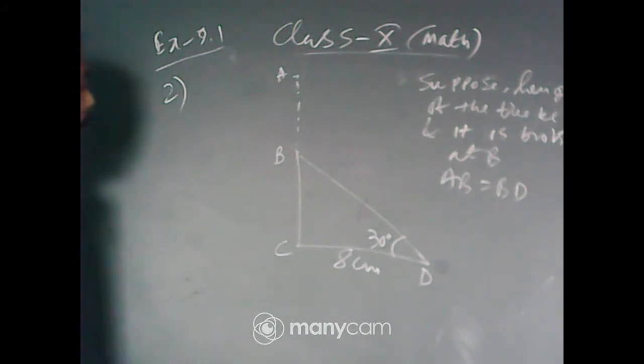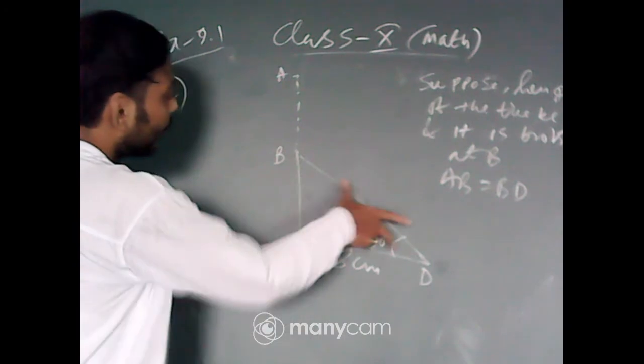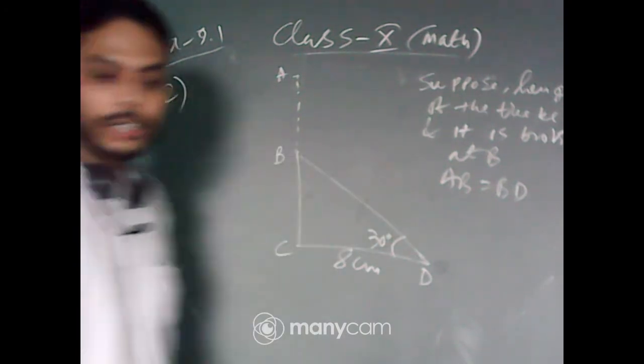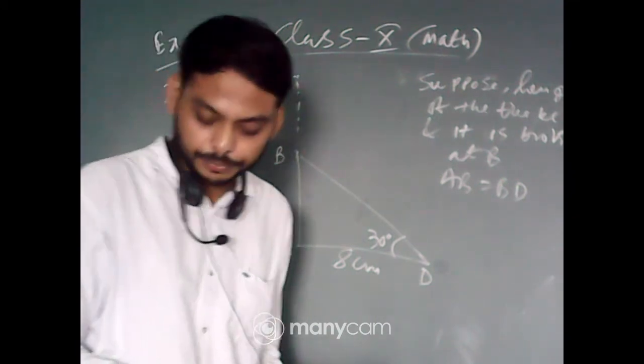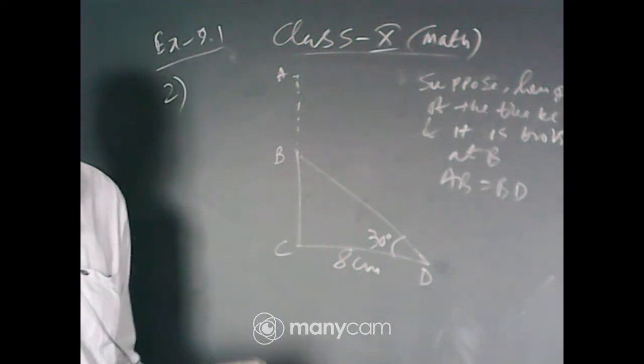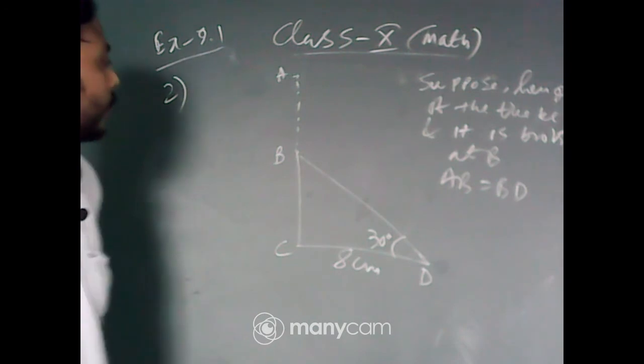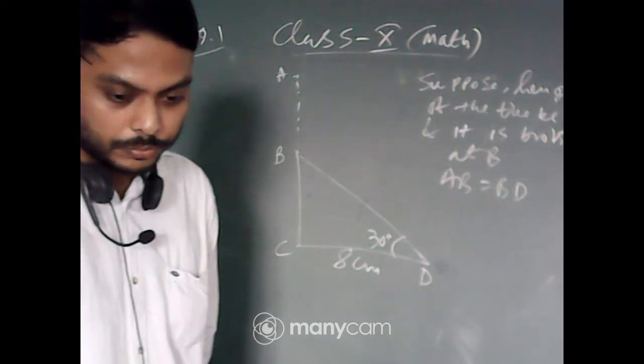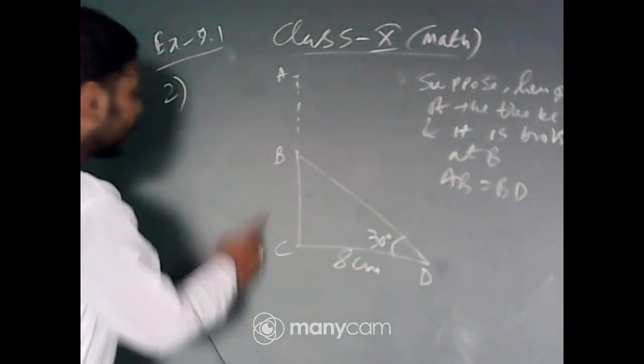That means you have to find first of all BC and then BD and then add BC and BD for getting the whole tree. Is it all right? The concept is clear? So first of all find BC.